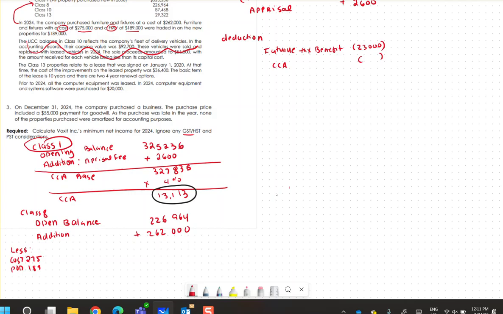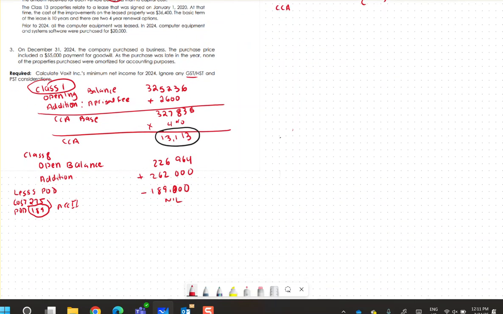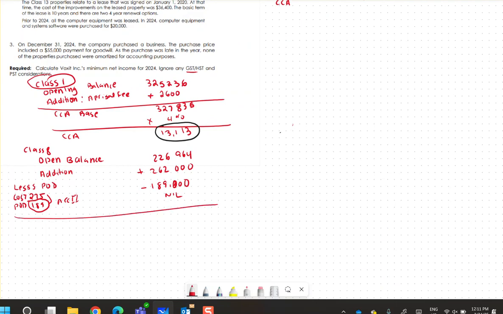We take the lesser of both, and that will be a deduction of 189,000. So we take the lesser amount, 189, as the proceeds of disposition. And we have accelerated, which will be null here, and then we come up with your CCA base.